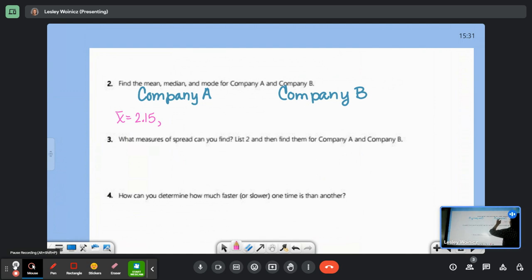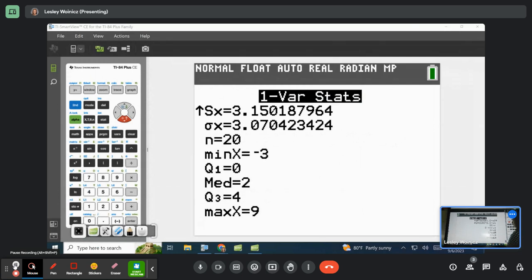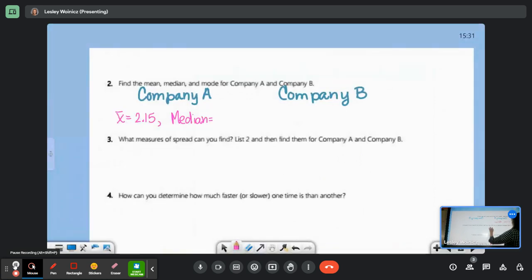Okay, the median was, weren't they both 4, the median? Or was that the quartile that was 4? The median was 2 for A. Sorry, fake news. What was the most repeated value?